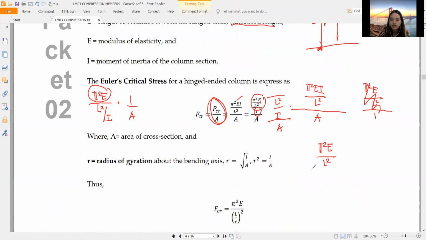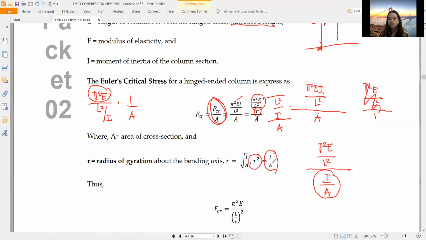Okay, it could be divided by I over A. So, if that's so, makikita nyo na yung ating, this is your moment of inertia divided by your area, which is actually equal to the square of your radius of gyration.